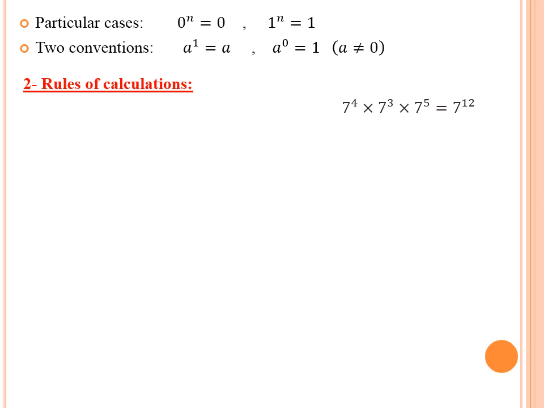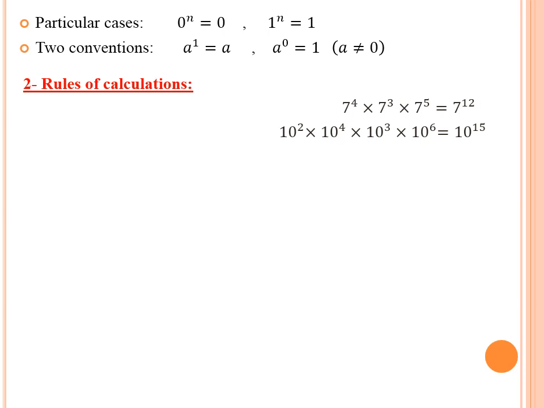The rule says that if we have the same base, the base is the number that is repeated, the one written underneath, we have to multiply numbers of the same base with each other. We have to keep the base the same and add the powers. So for simplicity, it's 7 to the power 4 plus 3 plus 5, it's 7 to the power 12.